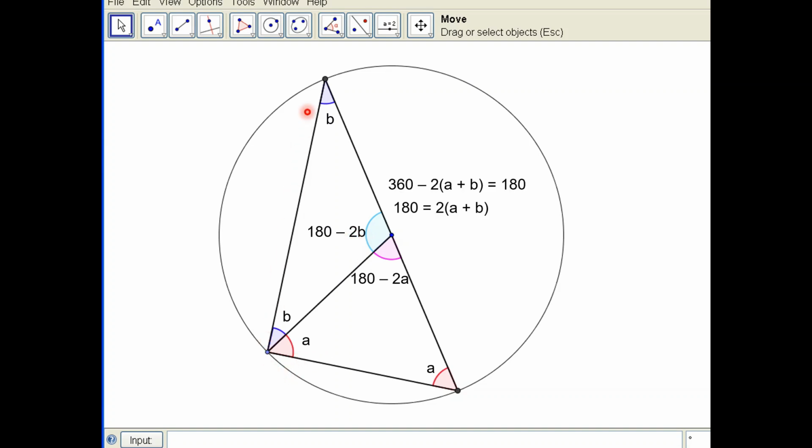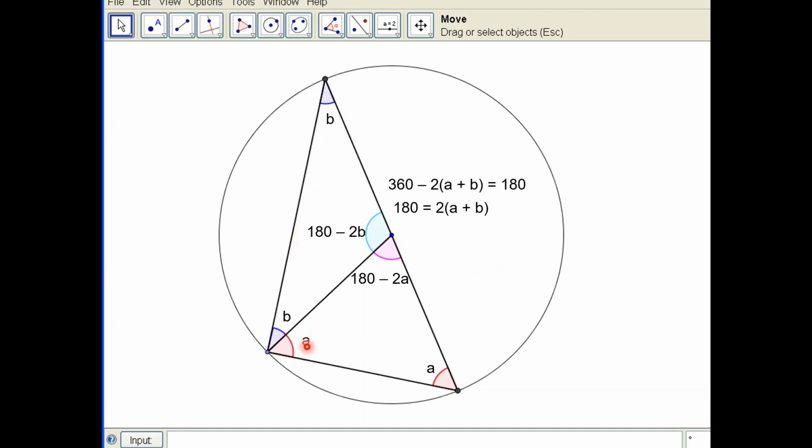Now, if you consider this bigger triangle, the interior angles of a triangle sum up to what? 180 degrees. So A plus B plus B must be equal to 180 degrees. Now A plus A is 2A, right? B plus B is what? 2B.